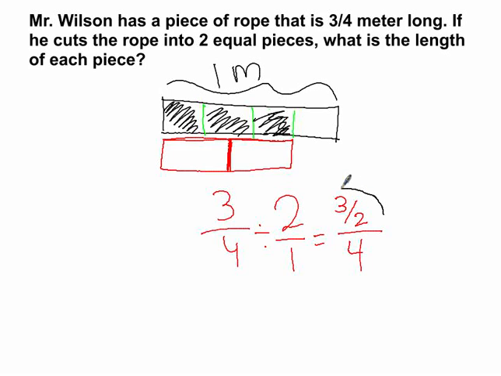Wait a minute. 3 divided by 2 divided by 4 is telling us it's taking 3 and dividing it by 8. And now if we can get a visual of what that looks like, you can look at these bars to see how we're actually taking these 3 parts and cutting it into 8. That's where the difficulty comes in, which is why I want you to have more than just one strategy here.